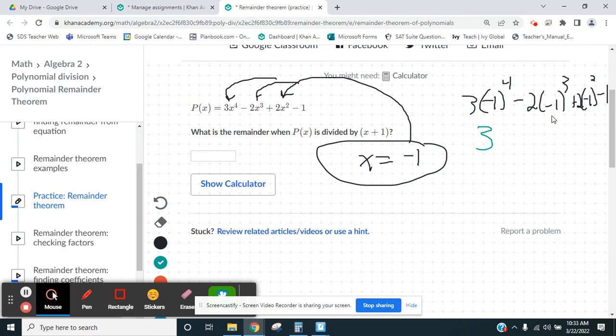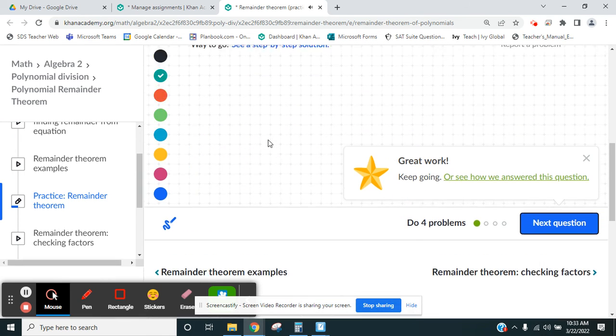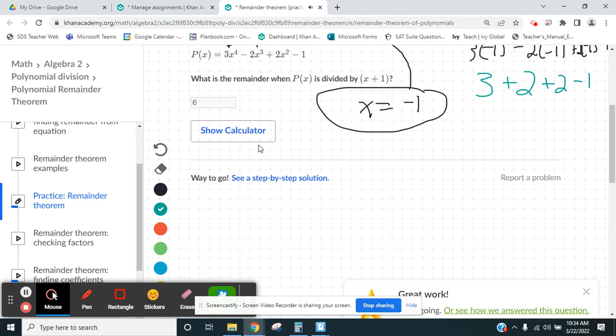Do the exponents first. Negative 1 to the third is negative 1. Negative 1 times negative 2, positive 2. Negative 1 squared is 1. 1 times 2 is 2. Combine all those. 5, 7, 6. Bingo. How do you find the remainder? You plug in the opposite of the thing you're dividing by.